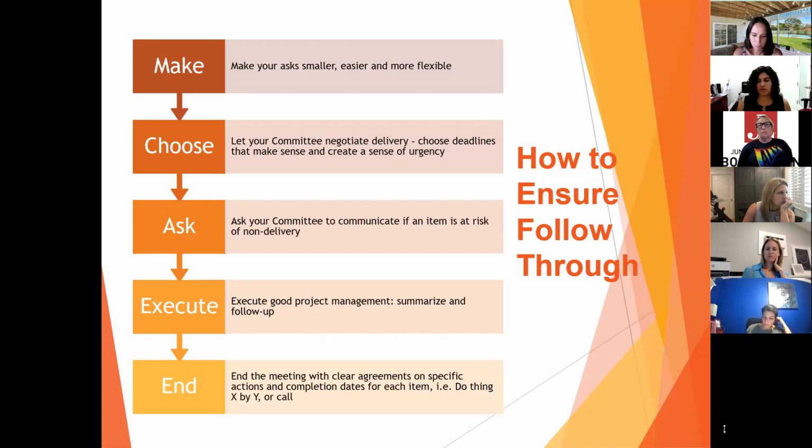So make sure that we know whether it's going to be complete or not. And you'll get to know in your meetings. Don't wait till your next month's meeting to find out that everything you tasked out was not done, because that's only going to delay you as a chair completing your projects.